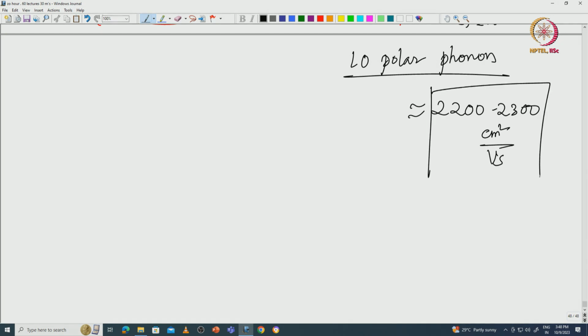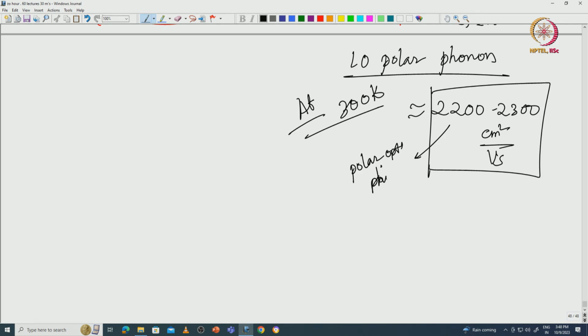This is at room temperature, at 300 Kelvin. At 300 Kelvin, the maximum mobility theoretically you can get is 2200 to 2300 centimeter square per volt second, which is set by the polar optical phonon scattering, and you cannot beat that at room temperature because the atoms will vibrate so much at room temperature.